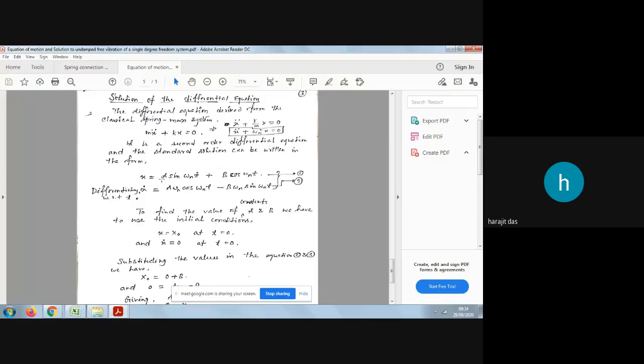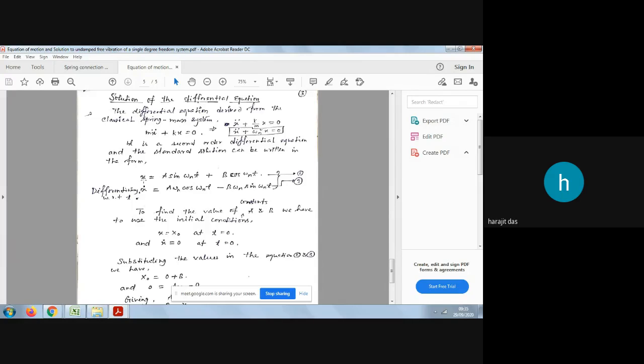So the solution is given by the standard form x equals a sine omega n t plus b cos omega n t. I have written it directly because by mathematics this type of differential equation can be solved by this standard form. Here we need to find out the values of a and b.